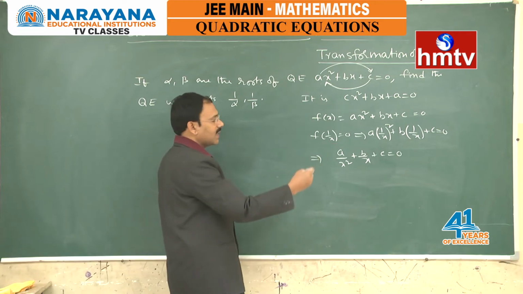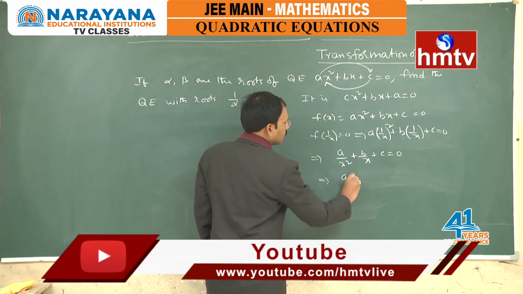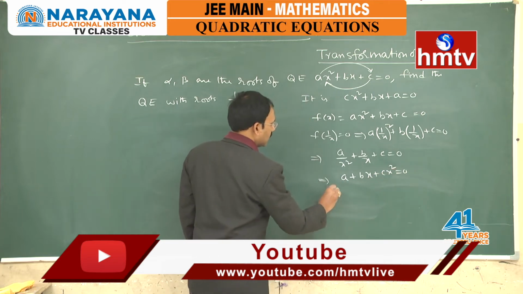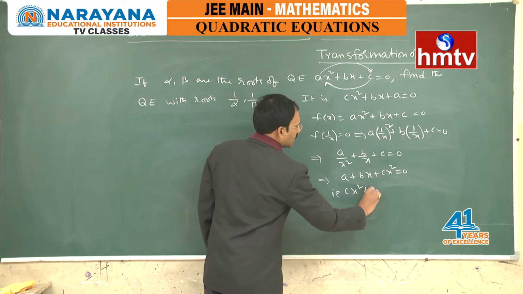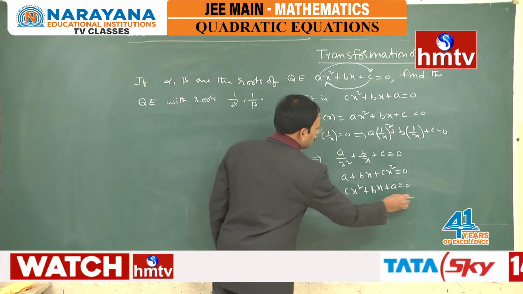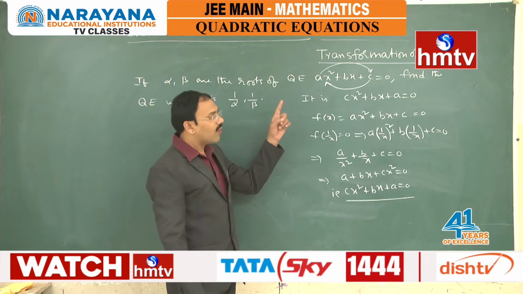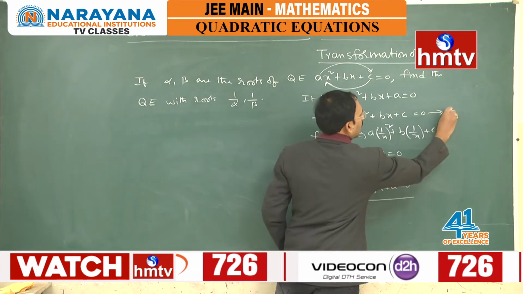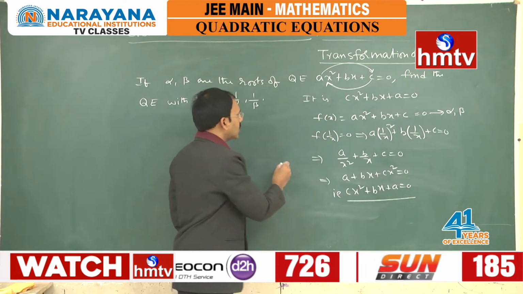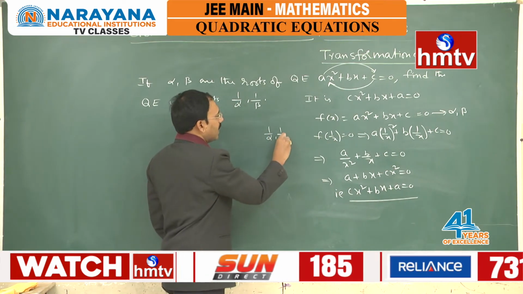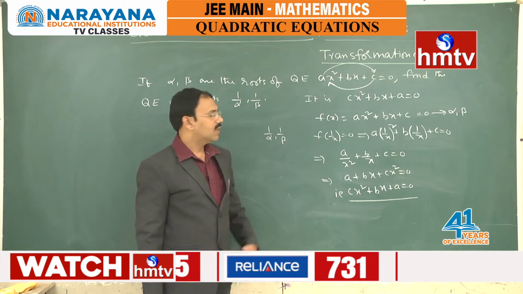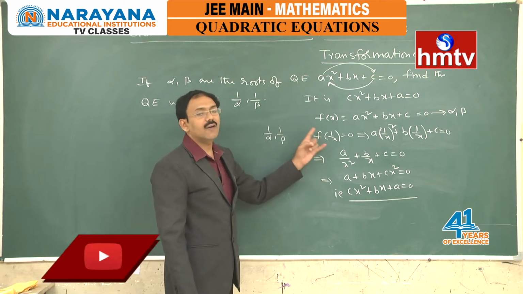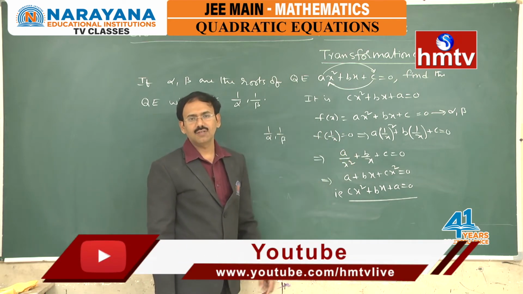Now, we can multiply the entire equation with x square, so that a plus bx plus cx square equal to 0, that is cx square plus bx plus a equal to 0. And hence, for the quadratic equation f of x equal to 0 whose roots are alpha comma beta, if you want the quadratic equation with roots 1 by alpha comma 1 by beta, we need not do the procedure, we can observe the transformation as f of 1 by x is equal to 0.